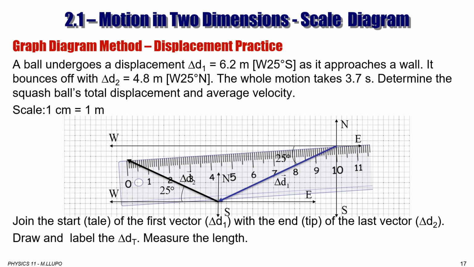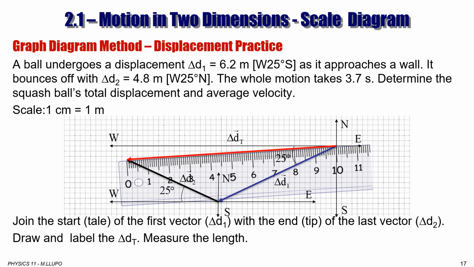Then you draw a vector, and then you measure the length. You measure the length, which is approximately 10. That's what I'm saying: you have to draw it as big as possible to see the difference, because 9.9 and 10.1 is a big difference.